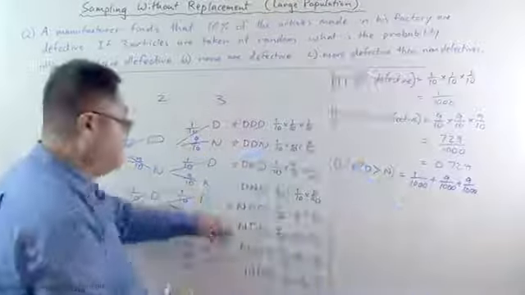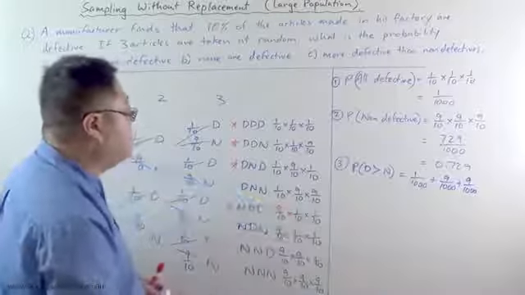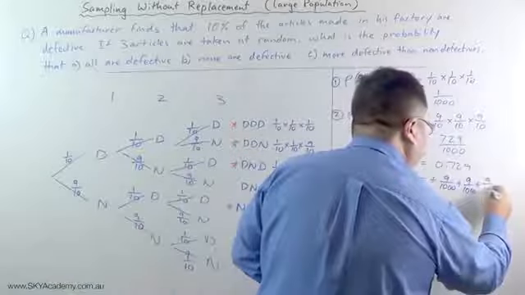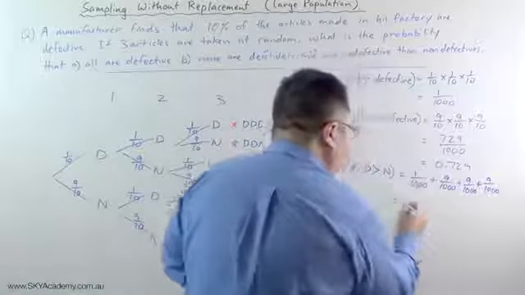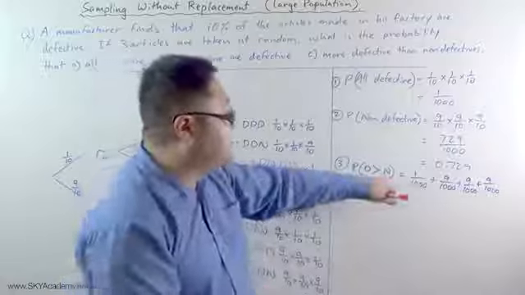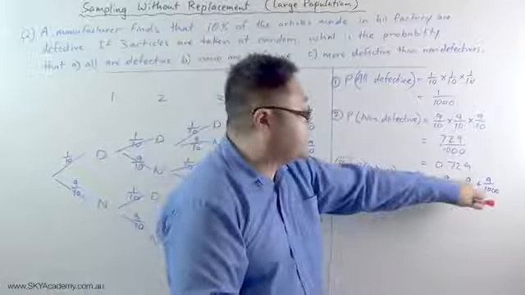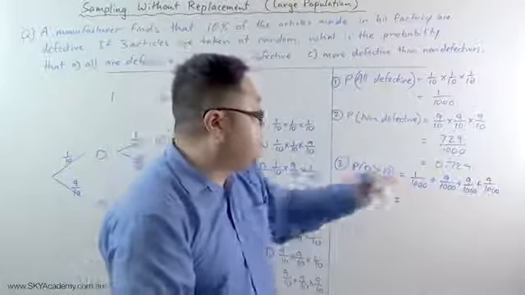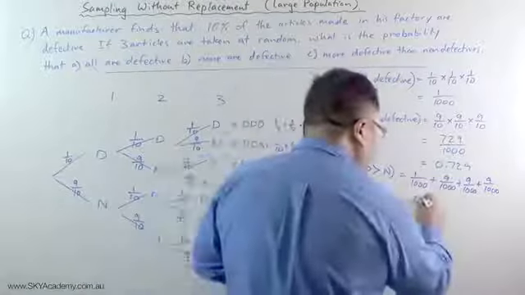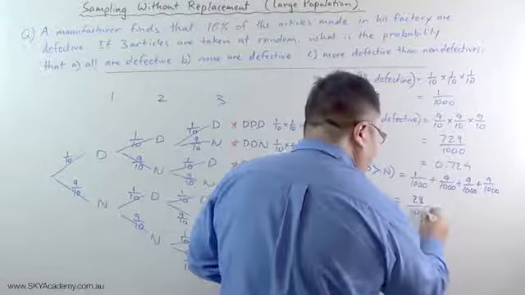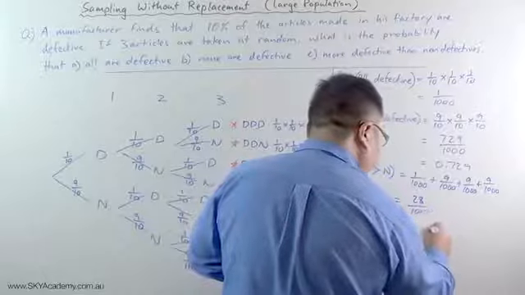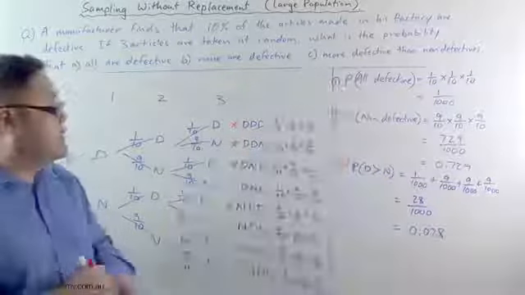And then the last one, 9 times 1 times 1, which will be 9 out of 1,000 as well. Okay? So, the probability that there are more defectives than non-defectives is 9 plus 9 plus 9, which is 27, plus 1, which is 28 out of 1,000, which ends up being 0.028. Does that make sense?